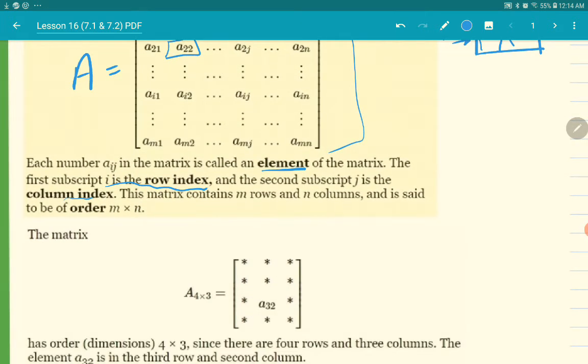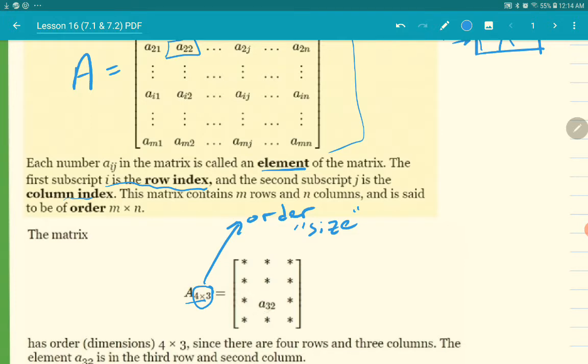For example, this matrix is a 4x3 matrix, and this 4x3 is the order. That's what we call the size of a matrix.